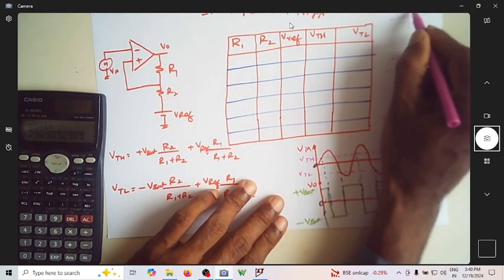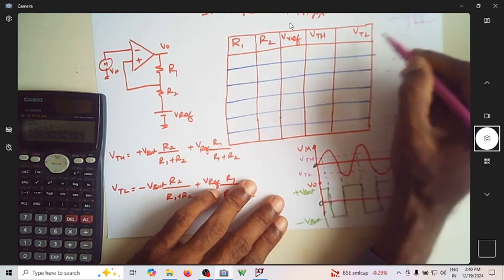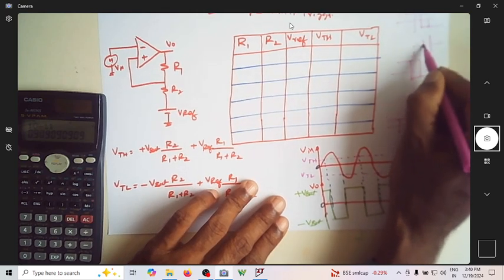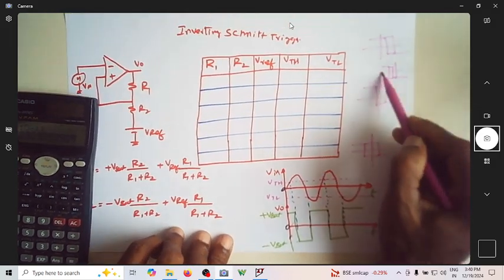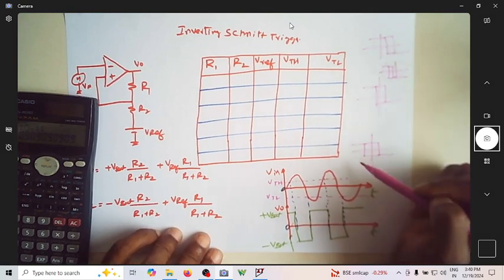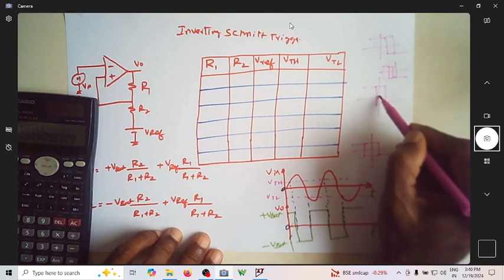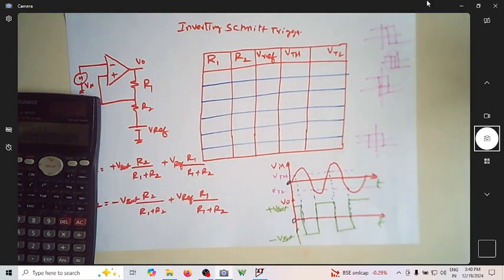VTH and VTL can both be positive, or it is also possible to have VTH and VTL both negative. So this shifting of your hysteresis depends on the V reference, and the width of this depends on R1.